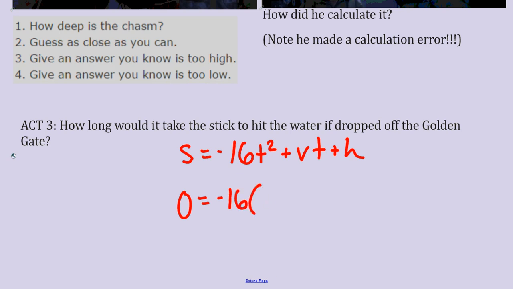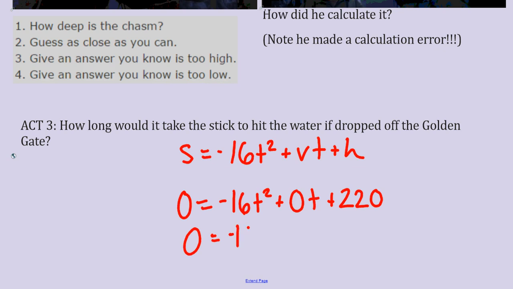We don't know the time, so we're going to solve for that. t squared plus, if you drop it, the initial speed is 0, so 0 times t, plus H. S is the final height, H is initial, which we said was 220 feet. So we simplify: 0 equals -16 t squared plus 220.